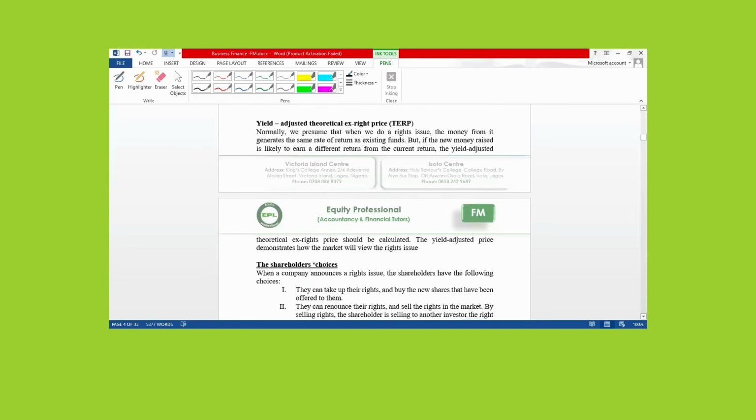Or yield adjusted theoretical strike price. Please note, all this discussion here involves calculations. For most exams, the examiner asks about theoretical strike price.